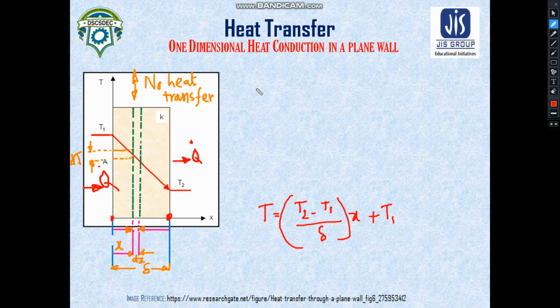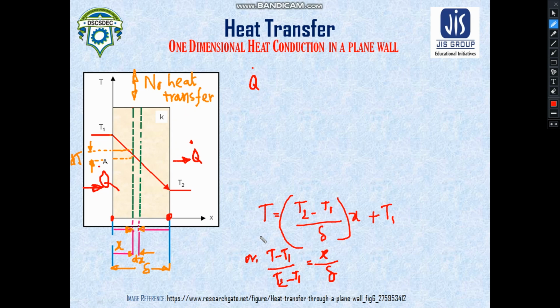So before doing the calculations for this Q dot, I would like to say another thing regarding this temperature distribution. If you just arrange this equation like this, T minus T1, and T2 minus T1 is divided, you get a function like this.